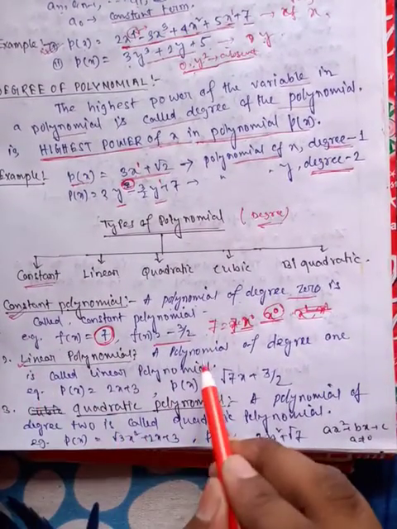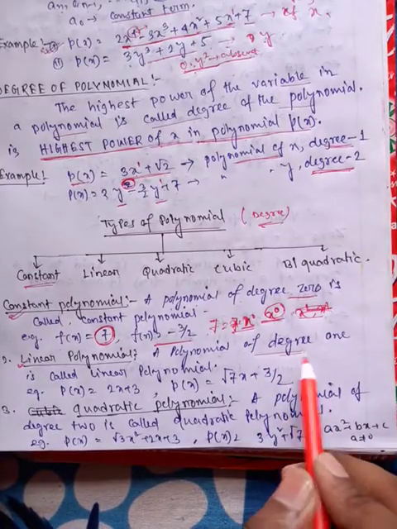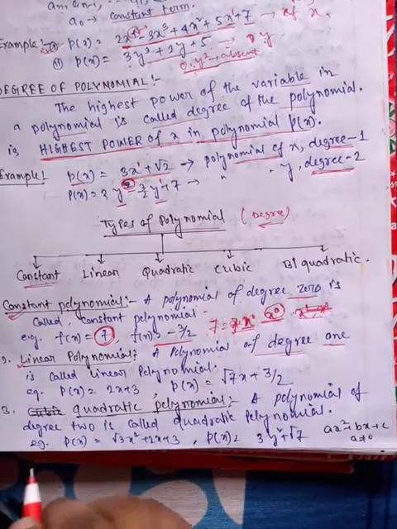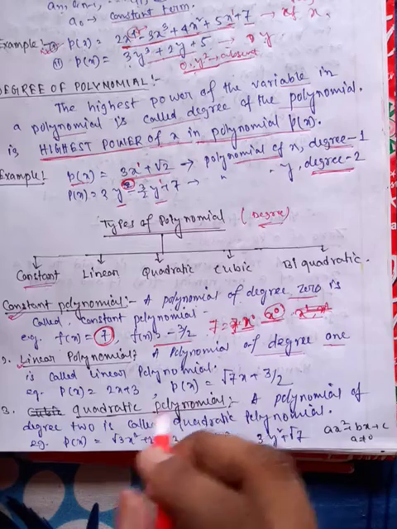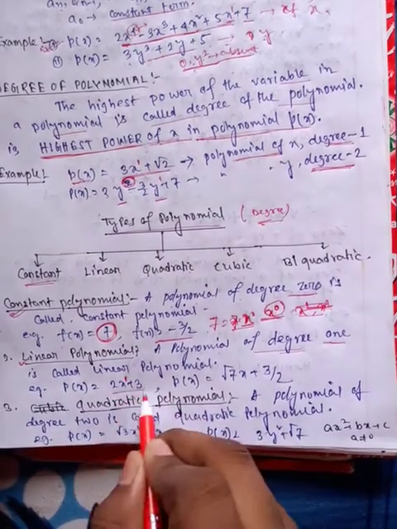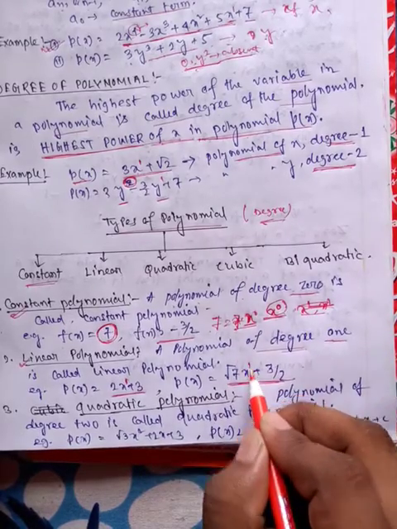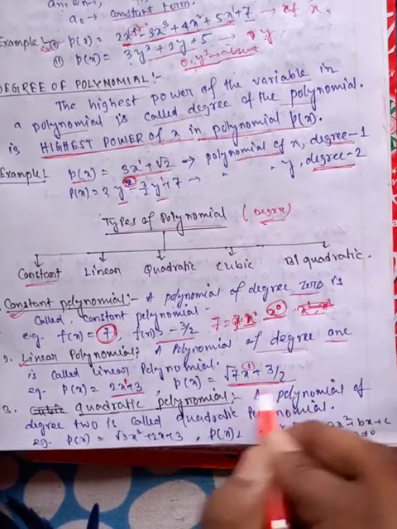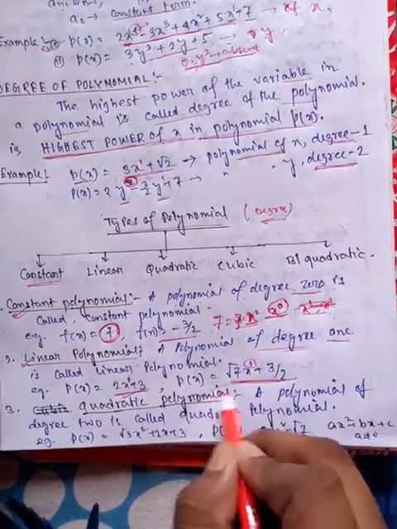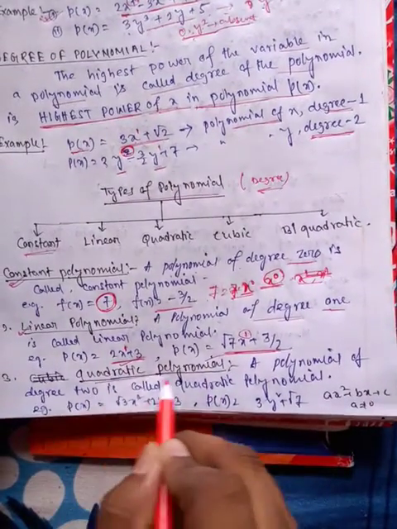Then the linear polynomial. A polynomial of degree 1. That means the maximum power of x is 1, then it is a linear polynomial. And you can see here the power of x is 1, so it is the maximum, no higher power of x arises, so these are called linear polynomials. Next, the quadratic polynomial.